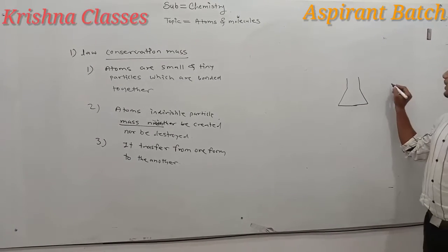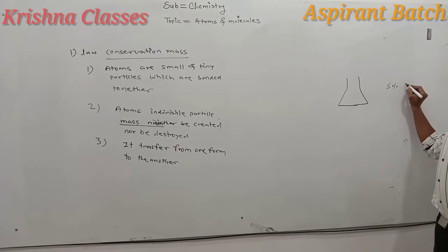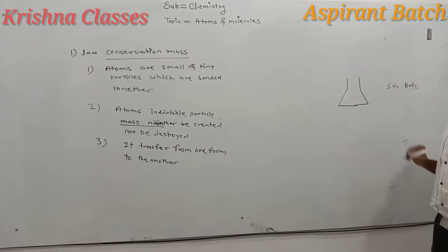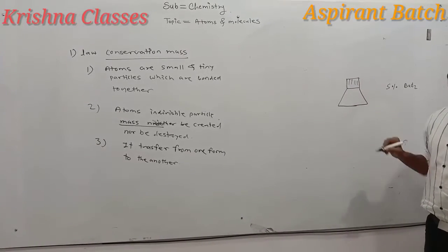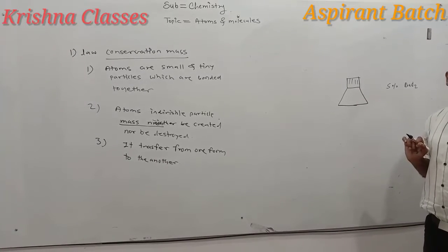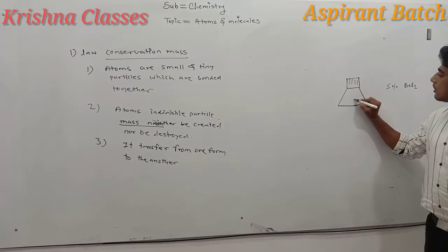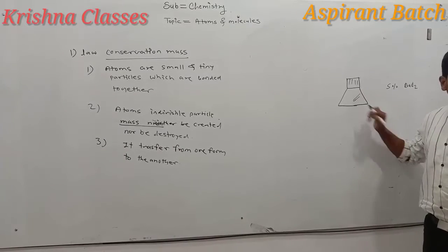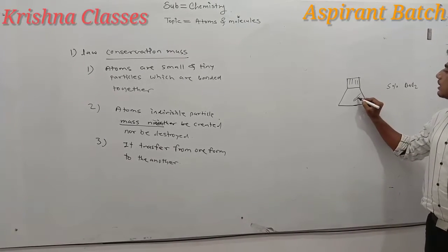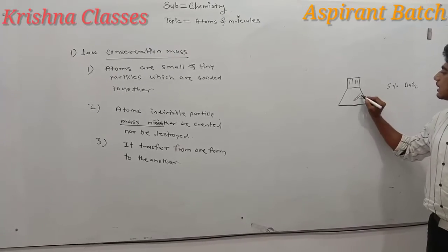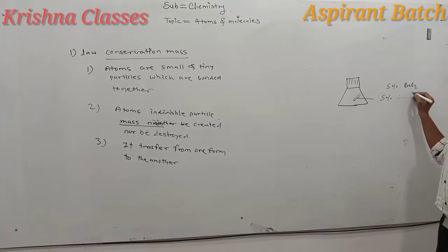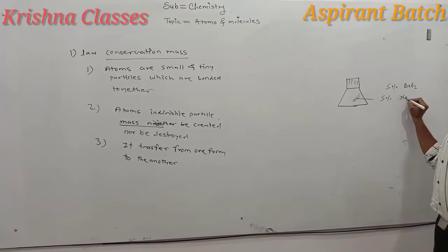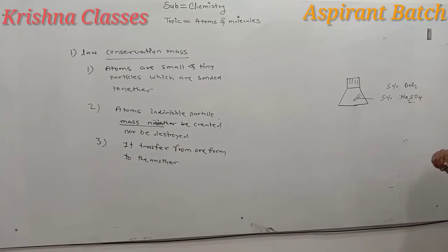Then a test tube is tied with rubber thread inside the conical flask, and this test tube contains a 5% solution of sodium sulfate, Na2SO4.